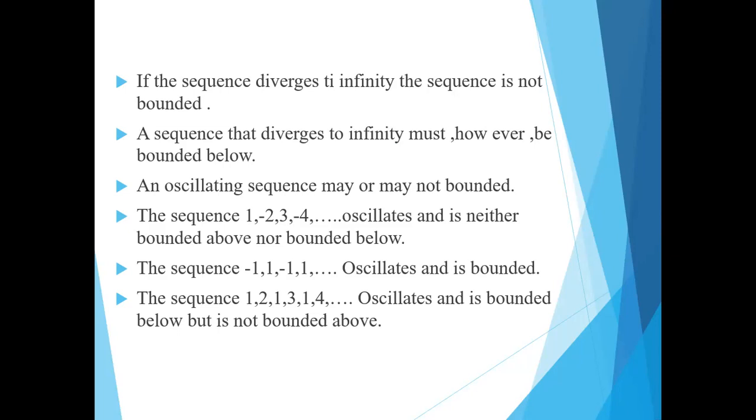The sequence 1, minus 2, 3, minus 4, etc. oscillates and is neither bounded above nor bounded below. The sequence minus 1, 1, minus 1, 1, etc. oscillates and is bounded. The sequence 1, 2, 1, 3, 1, 4, etc. oscillates and is bounded below but is not bounded above.